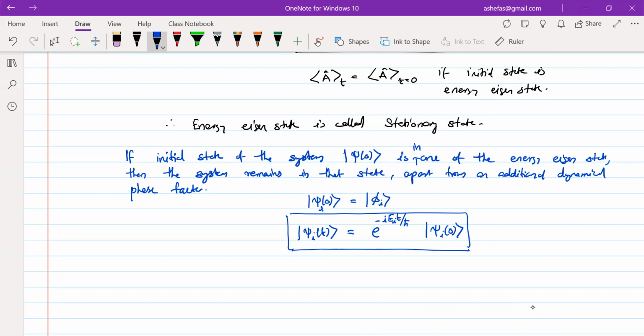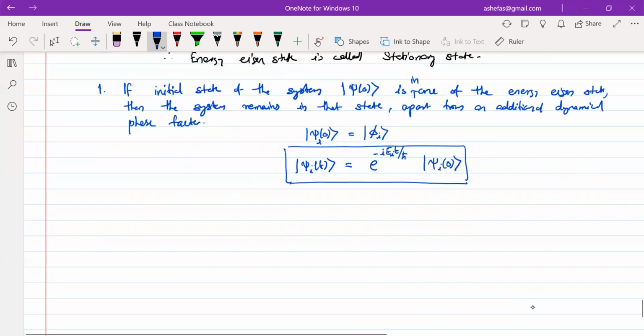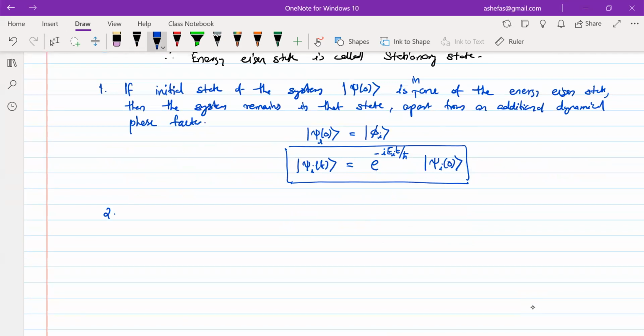So this is one reason that the energy eigenstate is said to be the stationary state. And the second thing is that the time derivative of the expectation value of an operator is 0 if the state is in one of the energy eigenstates.